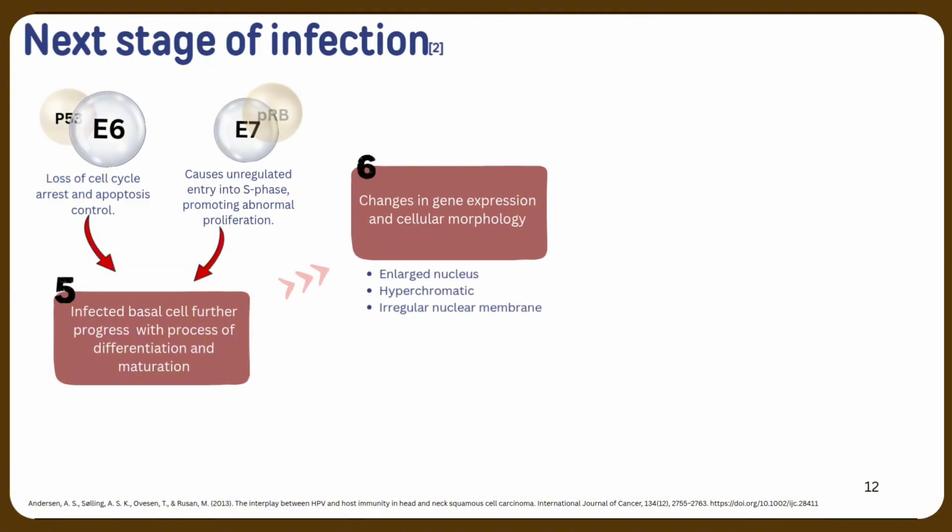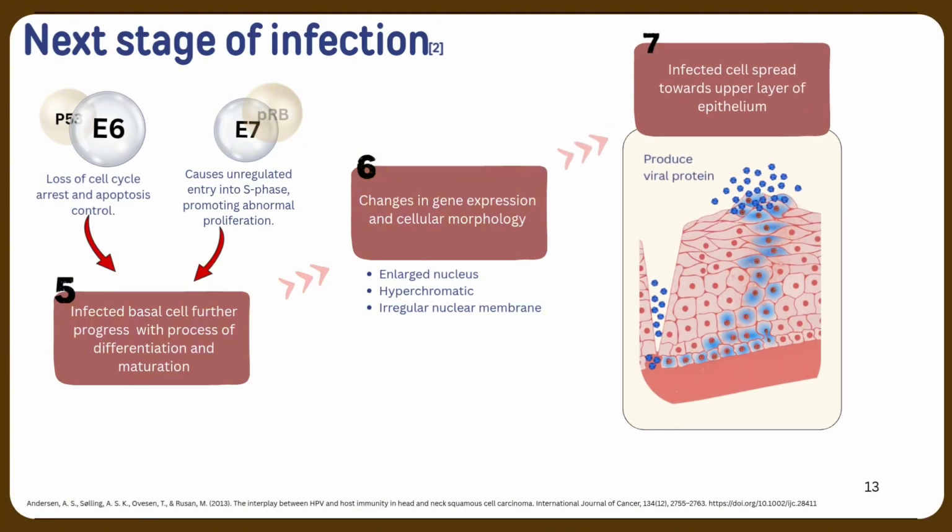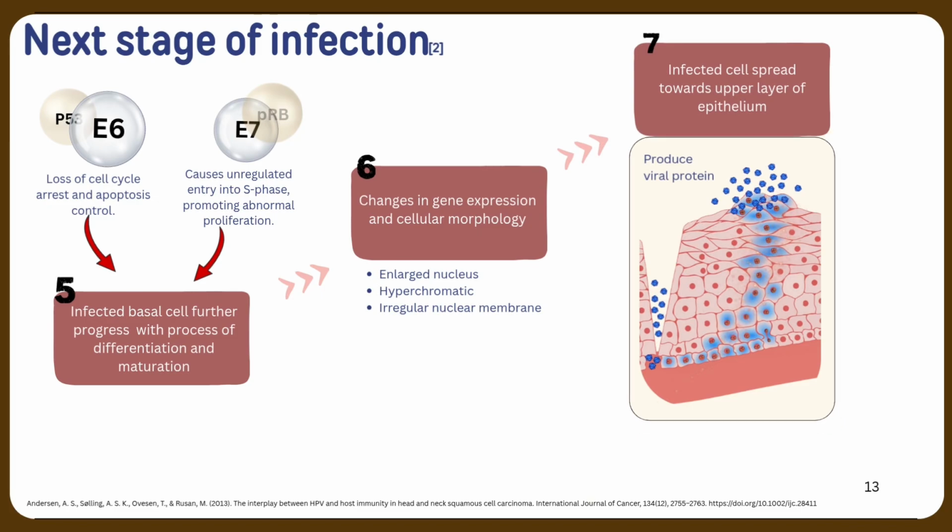Eventually, it will lead to changes in gene expression and cellular morphology, which can be seen as an enlarged nucleus, hyperchromatic, irregular nuclear membrane. Then, the infected cell will spread towards the upper layer of the epithelium and produce viral protein.